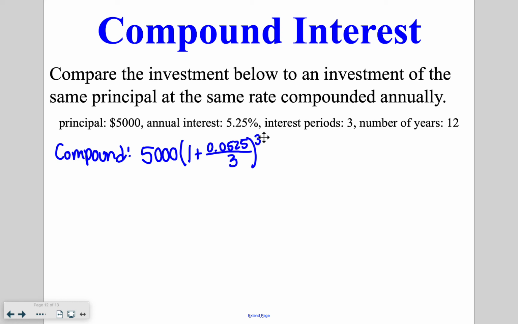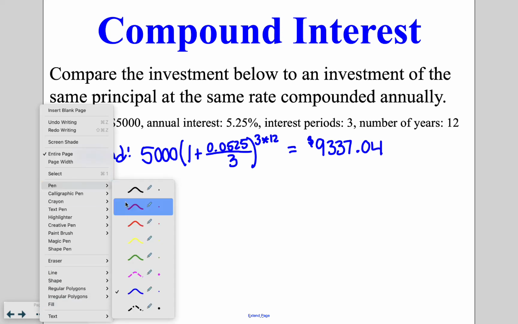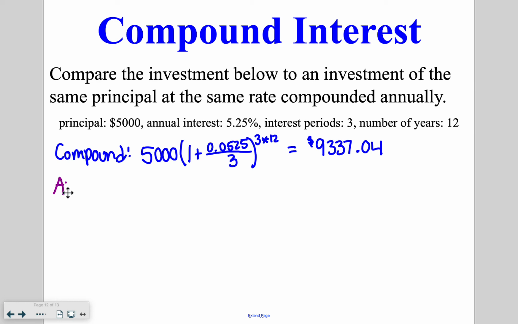And then I've got my 3 times the 12 years in my exponent. Remember, solve that exponent to 36 before you plug it into the calculator. And when you do that, you get an answer of $9,337.04.